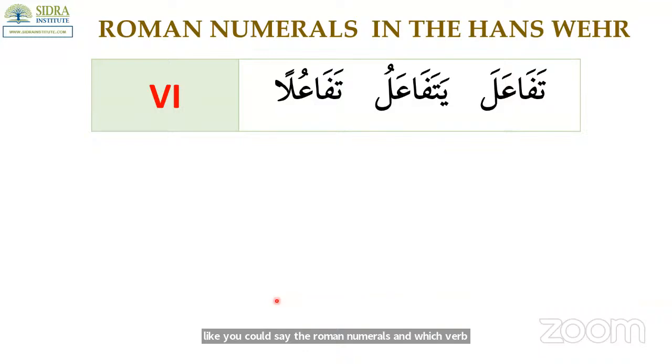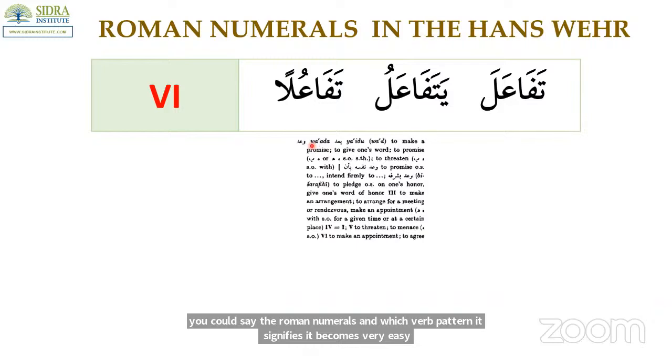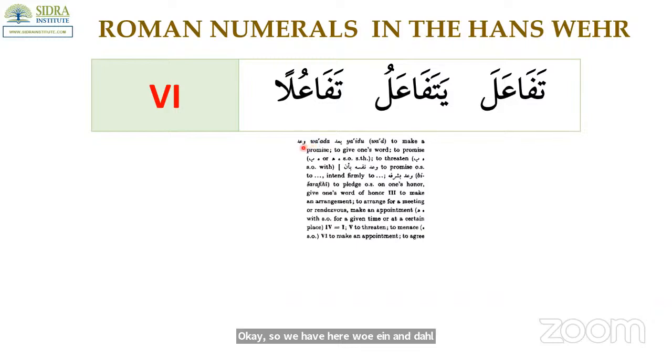So we have waw, ain, and dal. When we see the normal root letters, and in the past tense verb there are three letters: wa'ada ya'idu, wa'dan, meaning to make a promise, to give one's word.